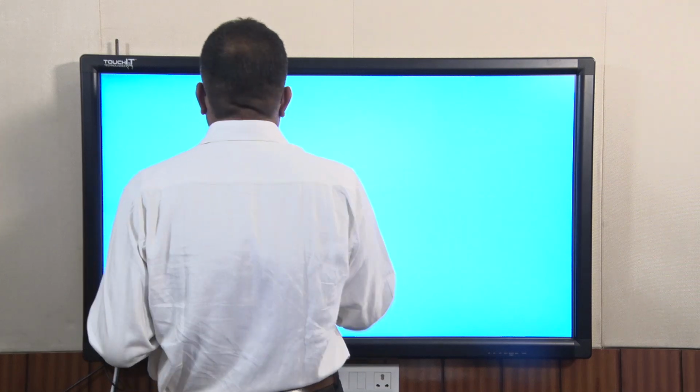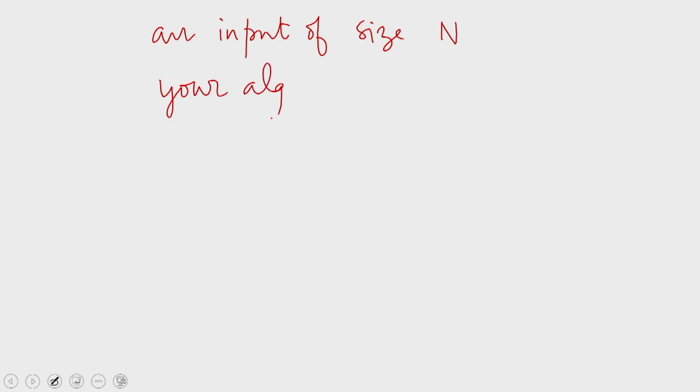So, now let us consider an input of size n, and let us assume that an algorithm sorts this input in t steps.